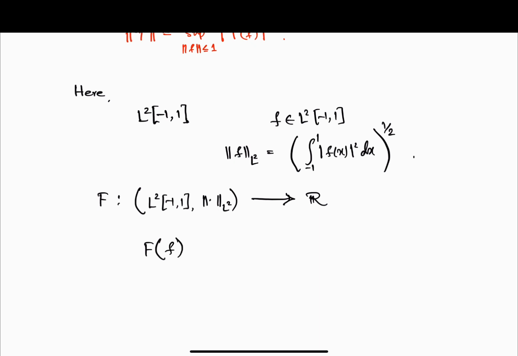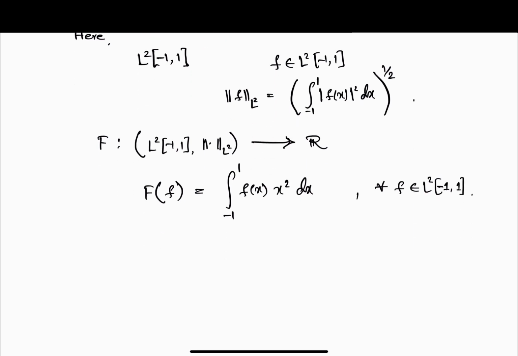It will take any function f, and it is given by the integral from minus 1 to 1 of fx times x squared. Here it is saying that the functional is given by this. So this is a functional on L2.